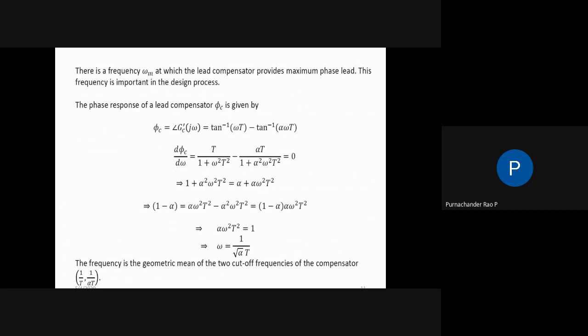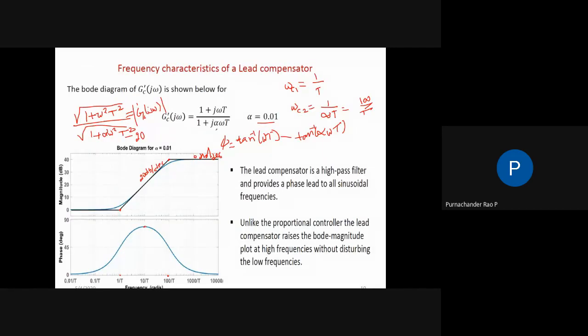Here omega m is the frequency at which the lead compensator provides the maximum phase lead. So we need to find the corresponding frequency, omega m, at which the maximum phase lead occurs. That point we need to find out.